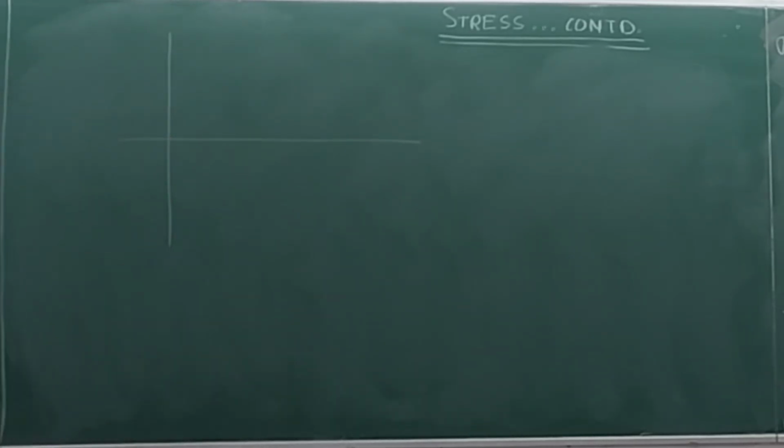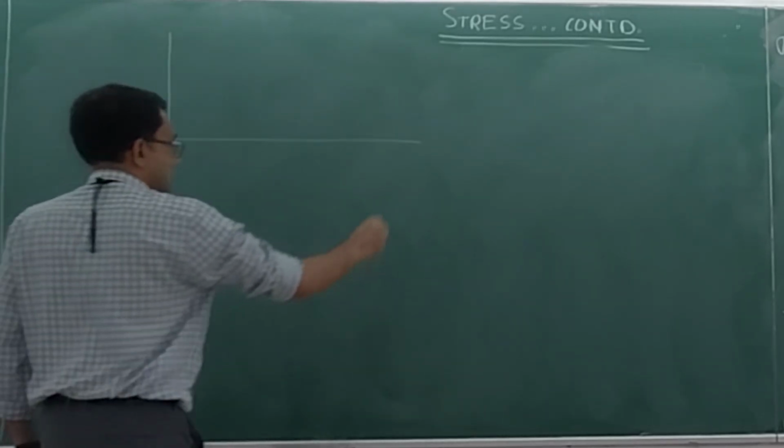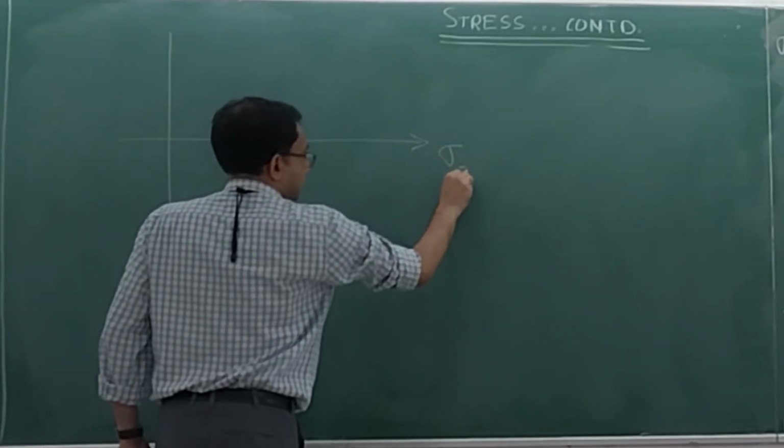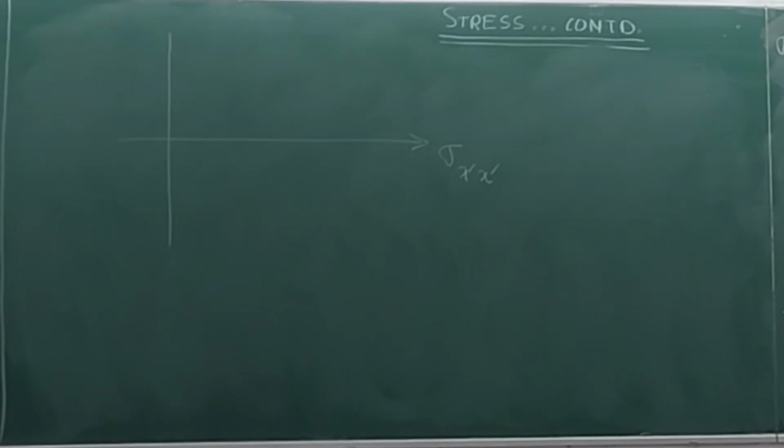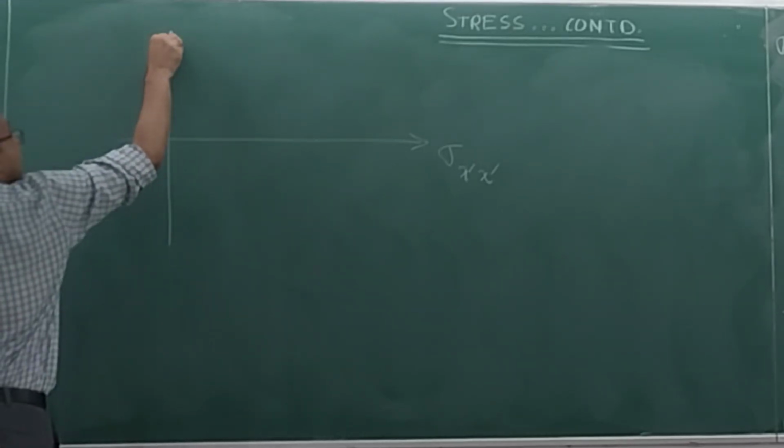What should be the x-axis? The x-axis should be sigma x'x'. What should be the y-axis? Tau x'y'.